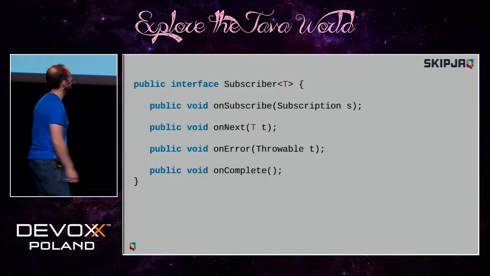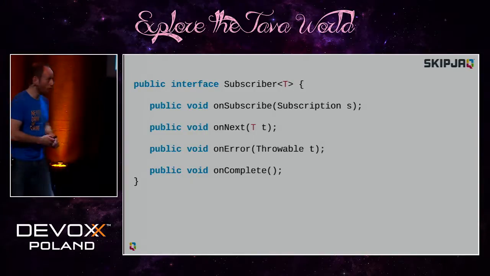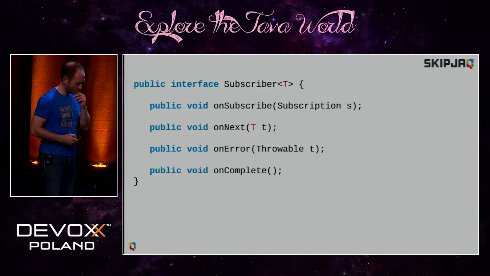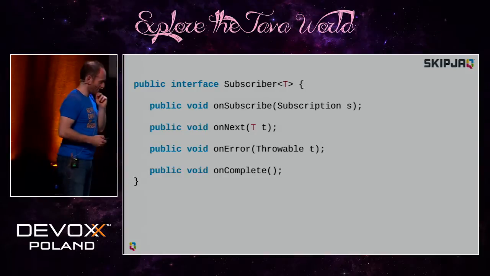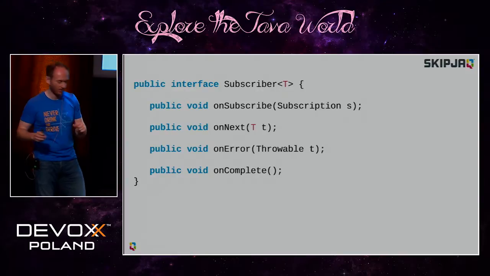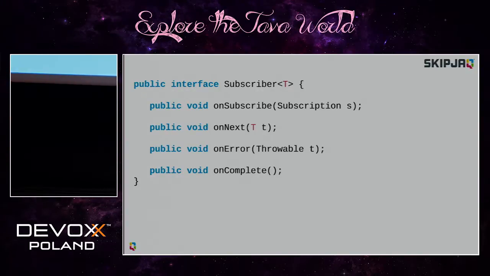And this is the subscriber, which is also a subscriber of T, so some value T. There are lots of interesting callbacks here, and this is one of the nice things about reactive. It captures all of the things that can really happen when you're consuming asynchronously. It doesn't just assume that you're going to have the happy path of everything working all the time.